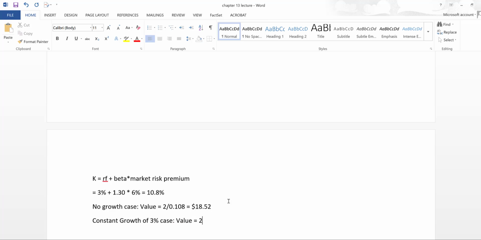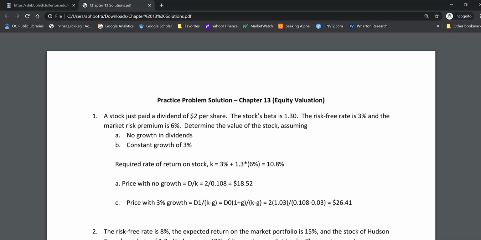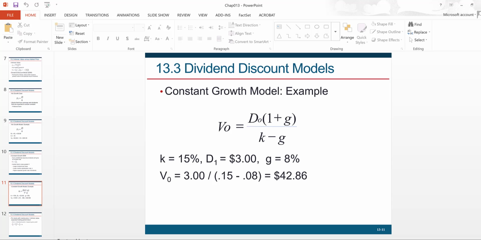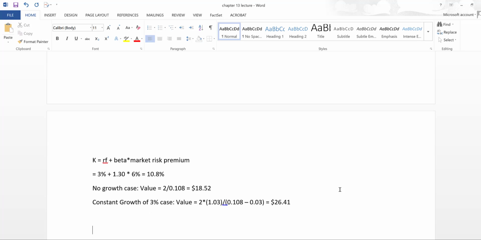So D0 is $2 per share times 1 plus G, that is 1.03, growth rate is 3%, over K minus G, so K is 10.8% minus 0.03. So that would be the constant growth valuation, and that is $26.41. All right, so that's the first problem.